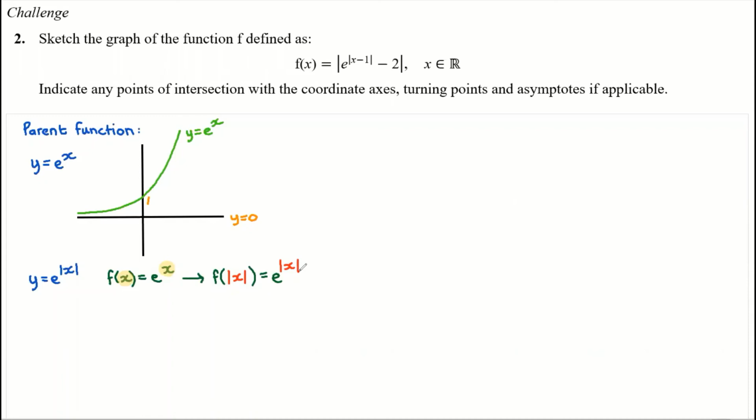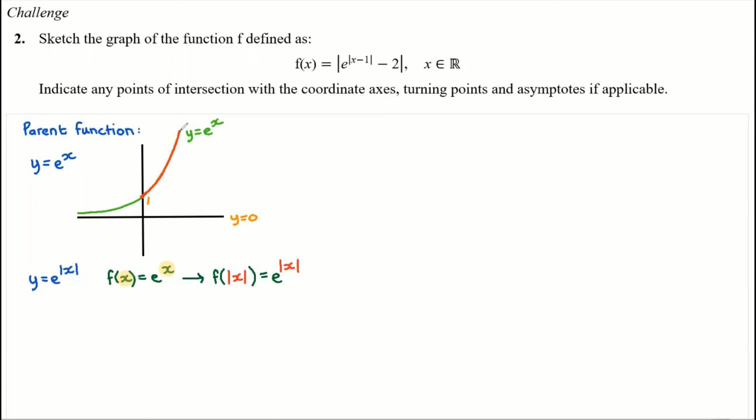And in fact, I'm going to sketch it over the top of this parent function. So remember, when it's f of the modulus of x, we retain all positive x values and their function values as well. So the values of f are retained. So the bit that I've just gone over in red is kept. That is exactly the same as it would normally be, because the modulus does not affect positive values.